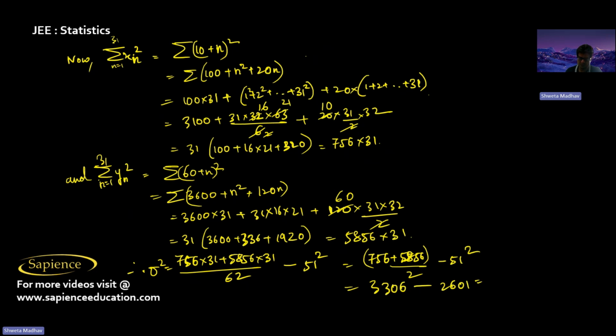That is equal to 705. Sigma square is 705.